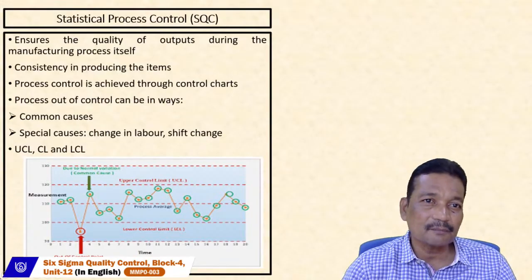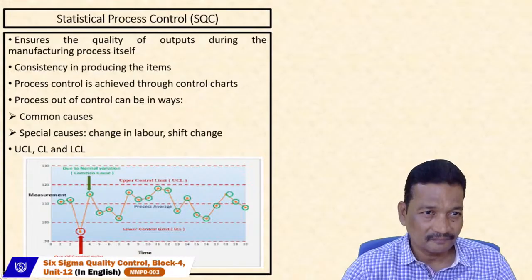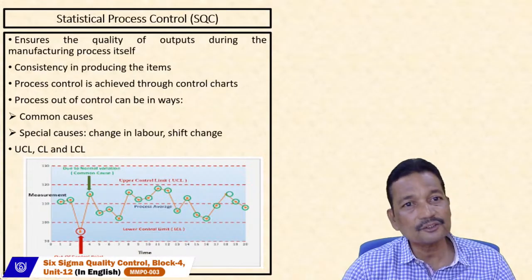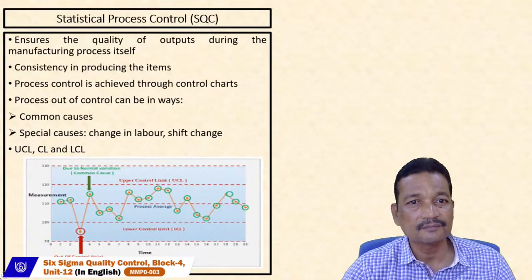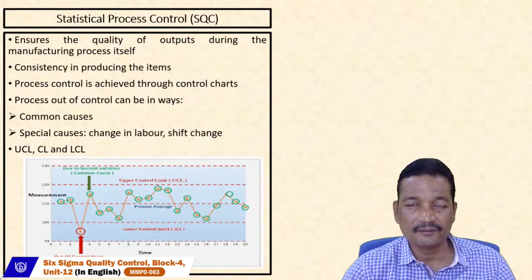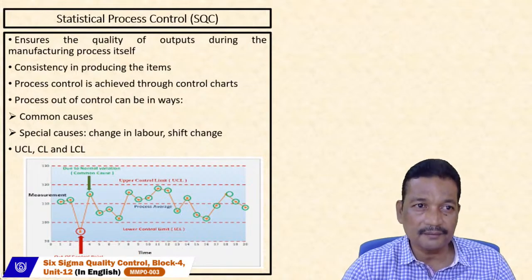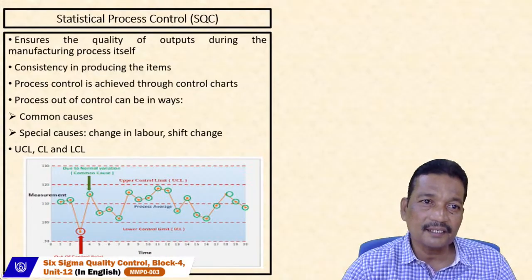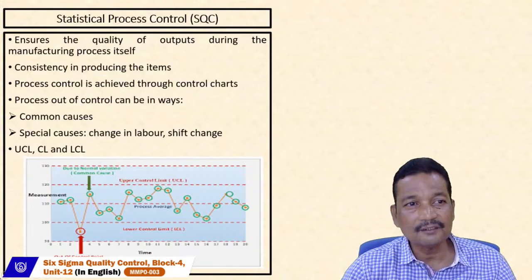This statistical process control ensures the quality of outputs during the manufacturing process itself. So processing is the manufacturing part, and there we try to ascertain the quality.